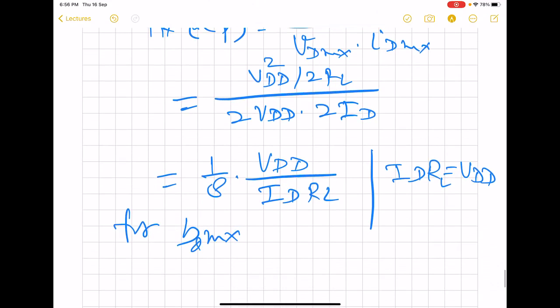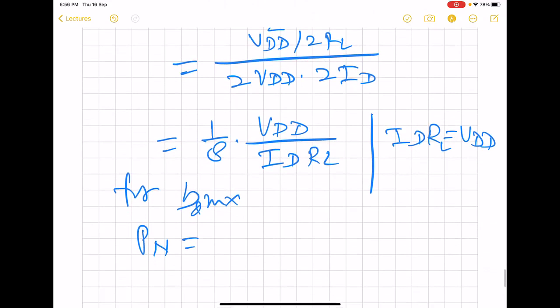For the eta D max case, this PN or CP is 1 by 8. So this is equal to 0.125. So this number should be larger.